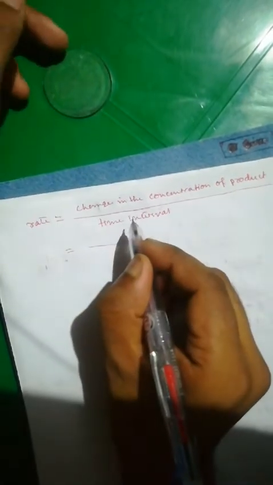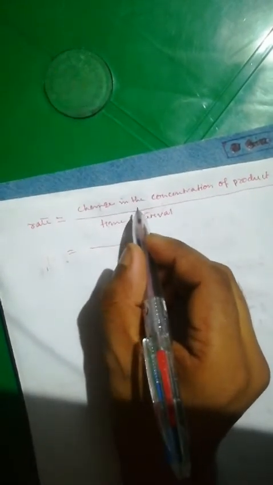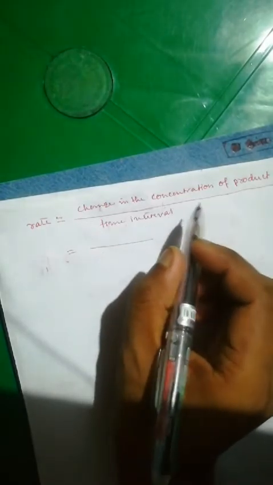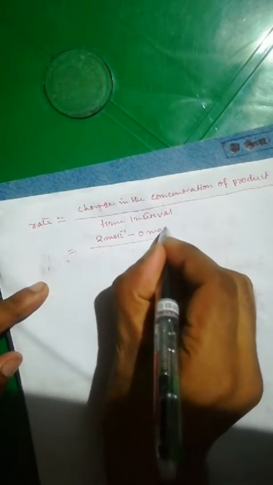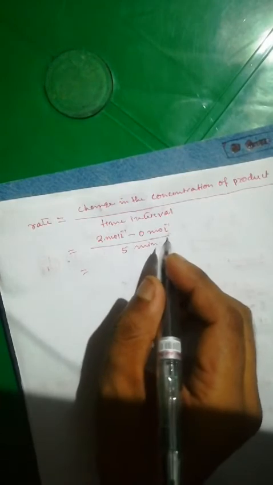Suppose in the previous example, the initial concentration was 0 mole per liter and the final concentration of product was 2 mole per liter. So change of the concentration of product would be final concentration minus initial concentration. The final was 2 mole per liter and initial was 0 mole per liter, divided by time interval, which was 5 minutes. So 2 mole per liter minus 0 mole per liter will be what?